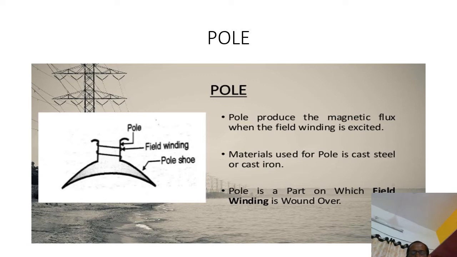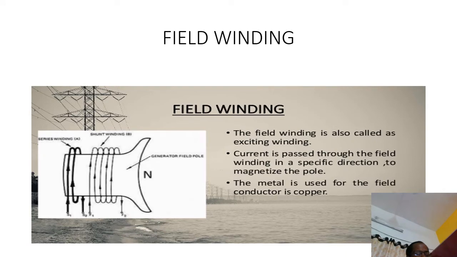From that part, next one is field winding. The field winding consists of enamel coated copper or aluminum wire, formed and wound to fit over the pole core. When current passes through the winding coils, the pole core becomes an electromagnet which produces the necessary magnetic flux.